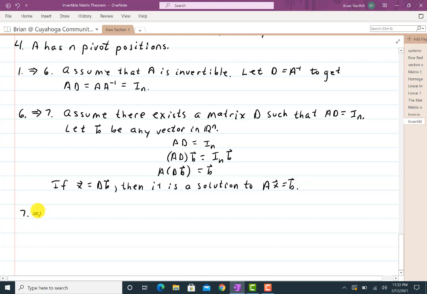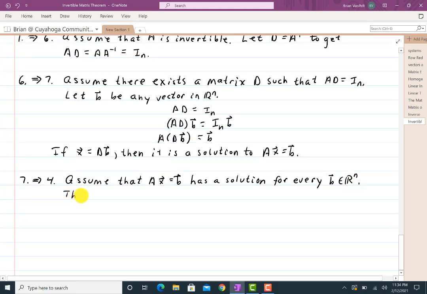And then 7 implies 4. Now we assume that AX equals B has a solution for every B in Rn. You may recall some time ago that this means there is a pivot in every row.